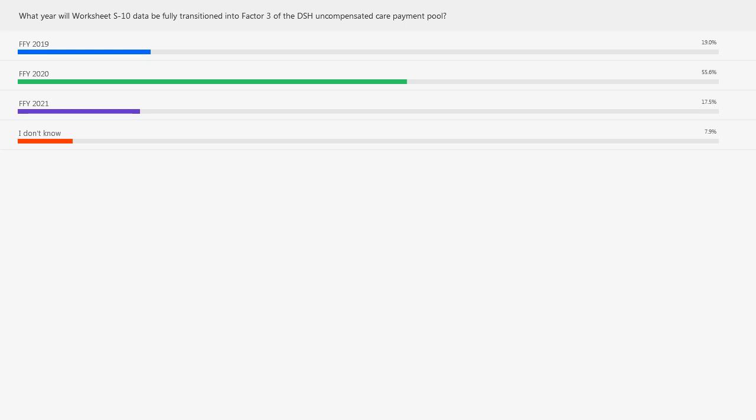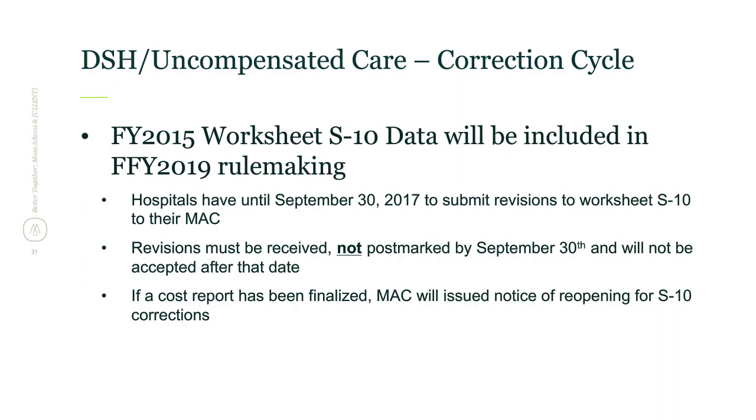With the movement by CMS towards worksheet S10 data, we want to make note, and this is important from a timing perspective because hospitals really have just a couple weeks left here, but hospitals have until September 30th of this month to submit corrections to their worksheet S10 data in order to get such corrections included into next year's federal fiscal year 19 uncompensated care Factor 3 calculation.